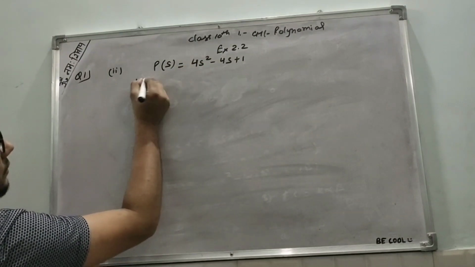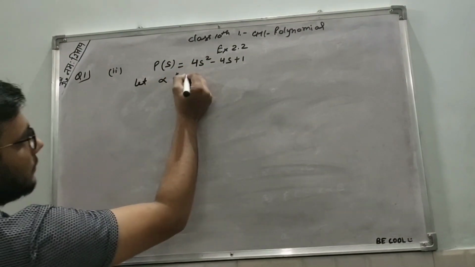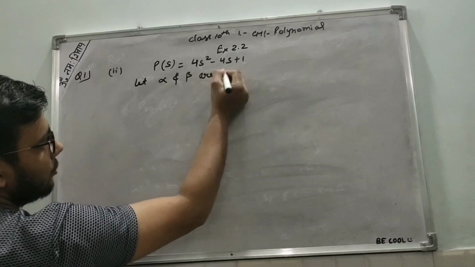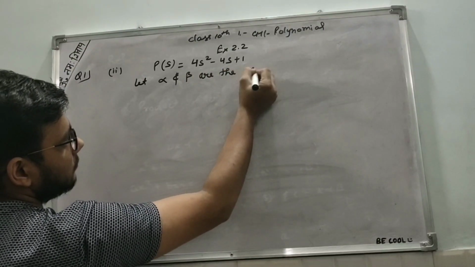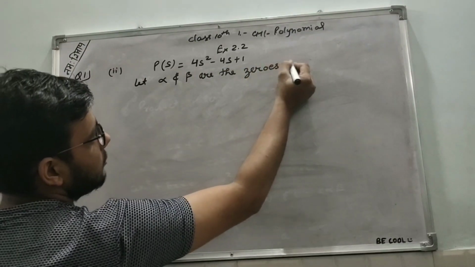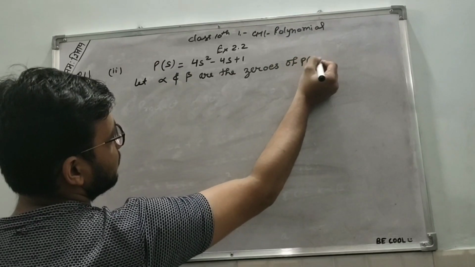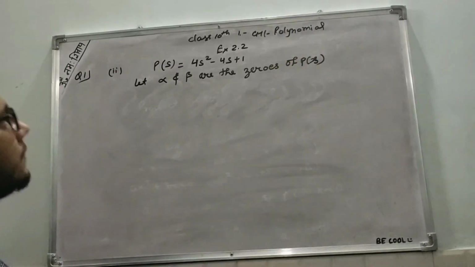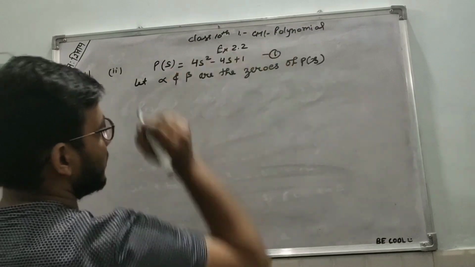Now let alpha and beta be the zeros of p(s). Say this is equation first.